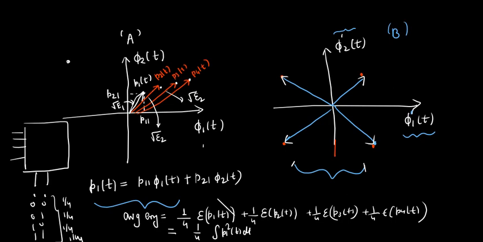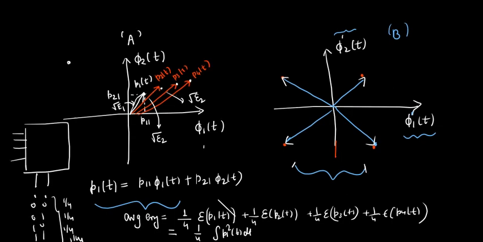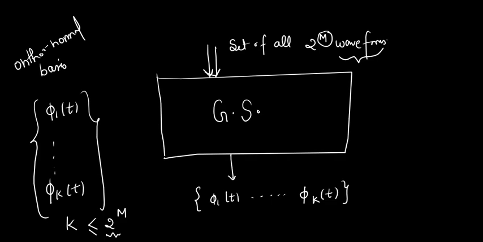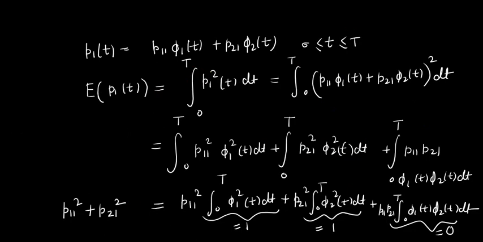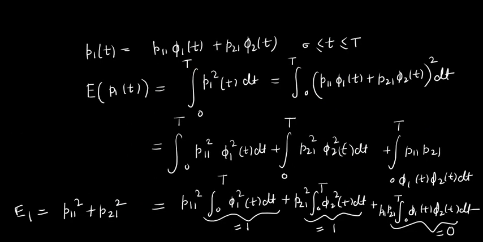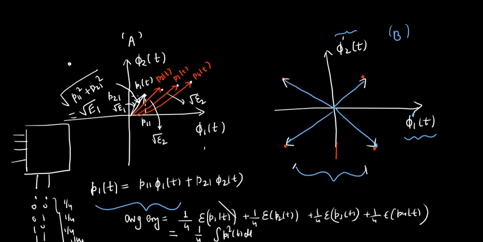So as you can see, what is this value? This length is under root P11 square plus P21 square. So this is under root of energy. Yes or no? If this is E1, this will be square root of E1.